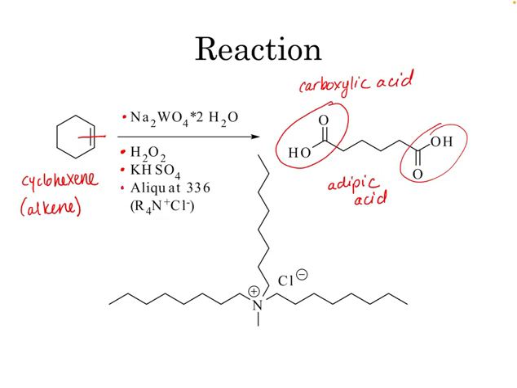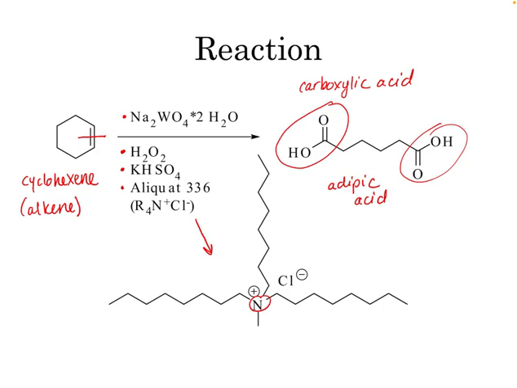We'll talk a little more about this phase transfer catalyst in a bit, but the structure is shown down below. We have a nitrogen atom in the middle, surrounded by 4 different alkyl groups. 3 of those groups are quite long, and the other group is a methyl group. And then there's a chloride ion there to balance the charge on nitrogen.